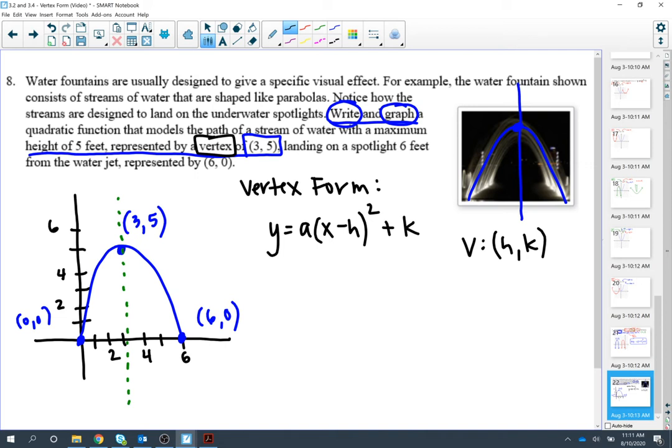And I also know that my vertex is 3, 5. So this must be my h, and this must be my k. So I'm going to substitute those in, and I have y equals a times x minus 3, squared, plus 5. Now, just check. If you've got a minus 3, it really means move over positive 3, and then plus 5 up 5, so your vertex is at 3, 5.